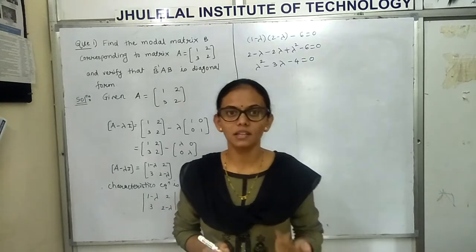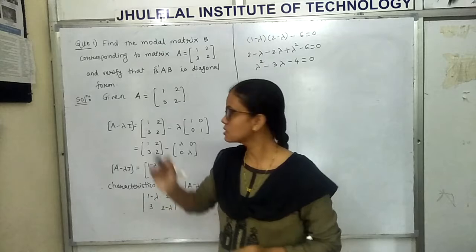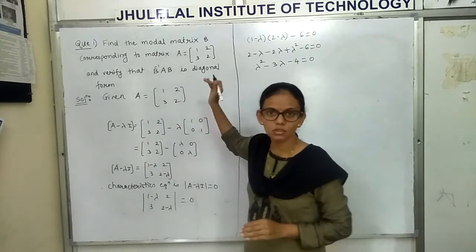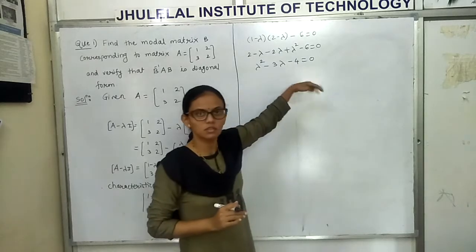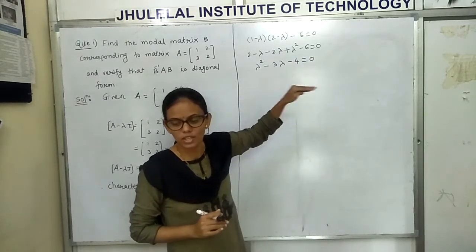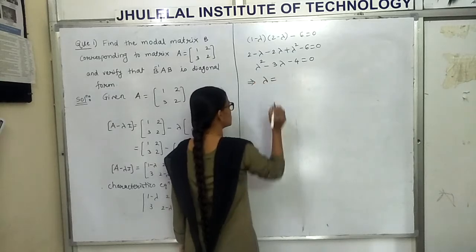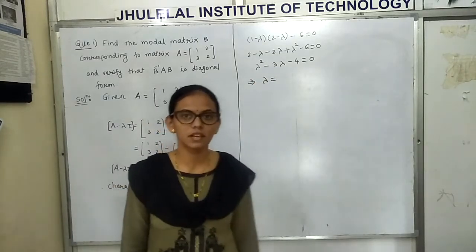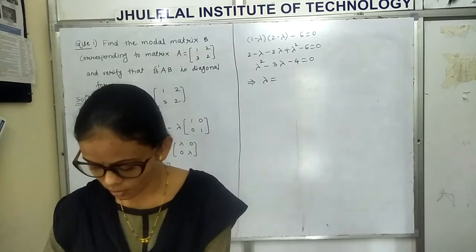So this is a quadratic equation in terms of lambda. It can be solved and it will have two roots. As I have told you, the matrix is of order 2 by 2, so there will be two eigenvalues. If you solve this quadratic equation in the calculator, you will get the two eigenvalues. Calculate this in the calculator and write it down in your copy. What will be the values of lambda?